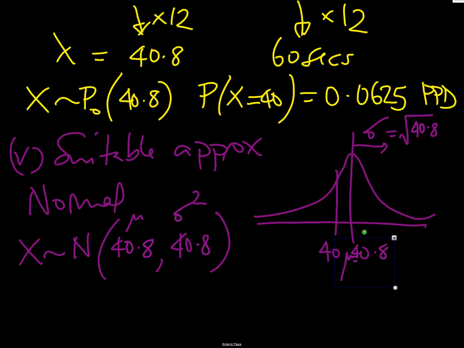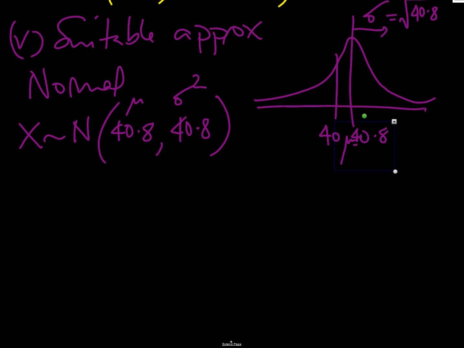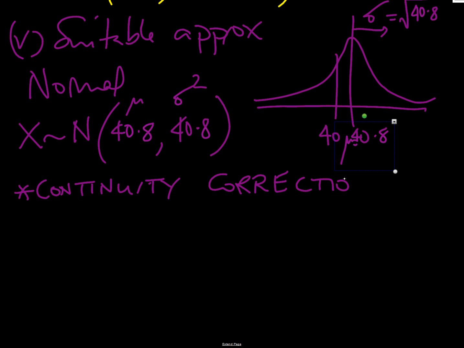Now, the trick is to watch out for the last part: remember, we've got to do our continuity correction, because our Poisson is discrete and our normal is continuous. So what would fit into our window for continuous?